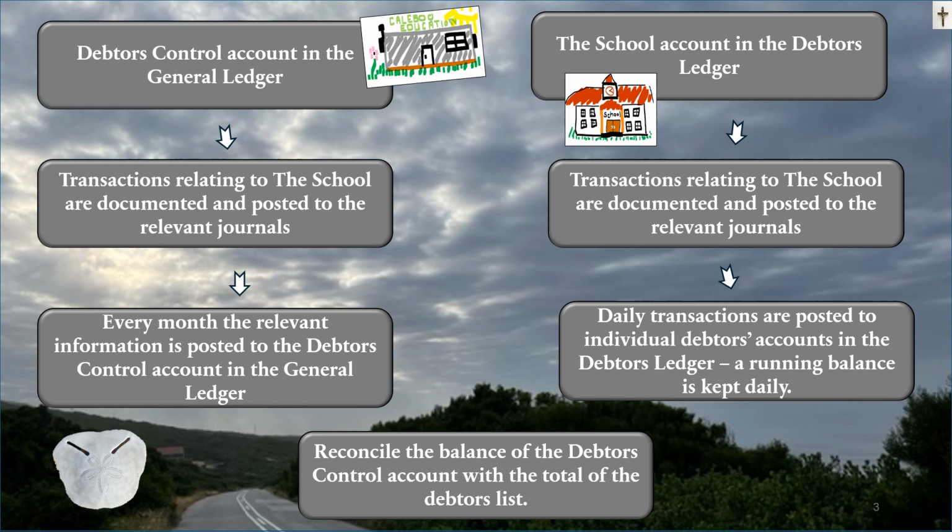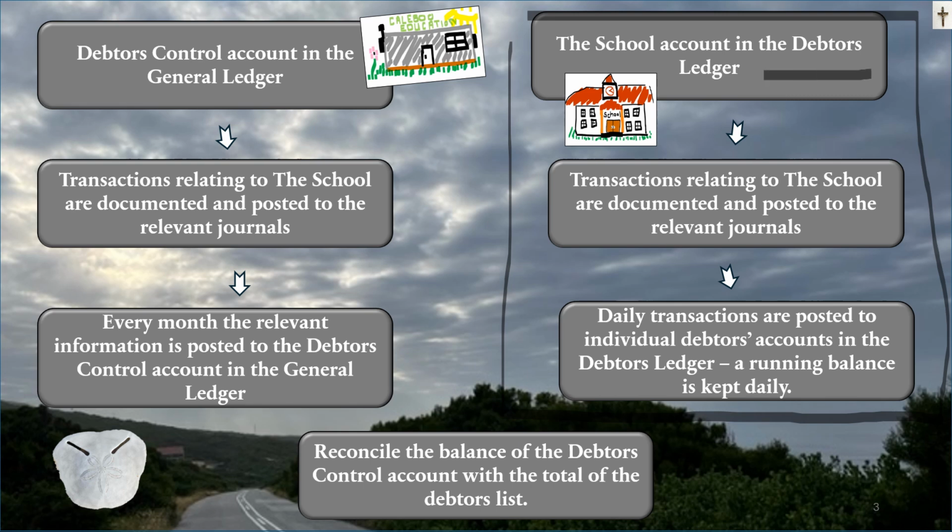What we're going to do, first of all, is the right hand side here. I will do the school account. There we go. The school has an account with Caleboo Education. We're going to look at the account of the school. We're going to take the transactions that relate to the school.